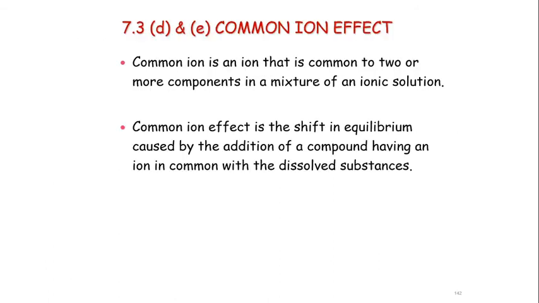7.3 D and E, common ion effect. Common ion is an ion that is common to two or more components in a mixture of an ionic solution, which means if we have a solution of ionic compounds, there is a possibility that there is a common ion present in the solution.